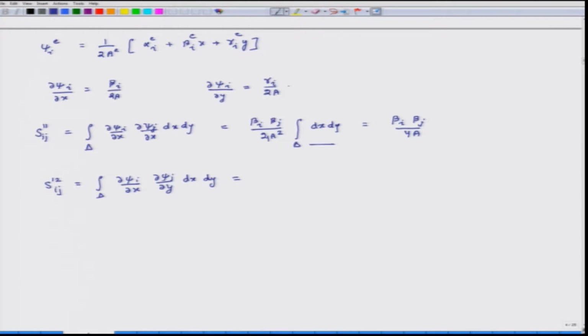So, del psi I over del x is beta I over 2A, and del psi j over del y is gamma j over 2A. So, I get beta I gamma j over 4A square, dx dy integrated over the triangle, and what I get from here is beta I gamma j over 4A.